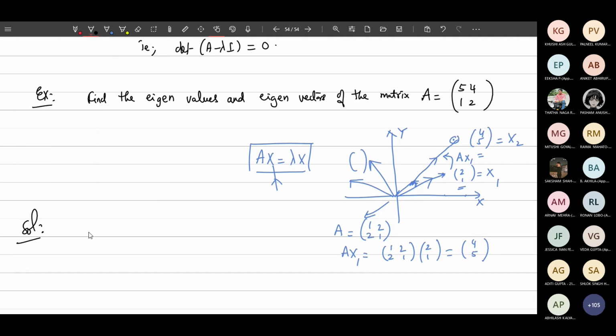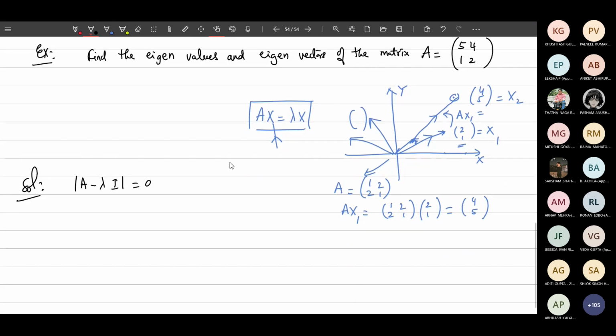As I mentioned here, the determinant of A minus lambda I should be 0 to get a non-trivial solution. So the determinant of A minus lambda I equals 0. What is your A? A is 5, 4, 1, 2. And I stands for the identity matrix of the same size.